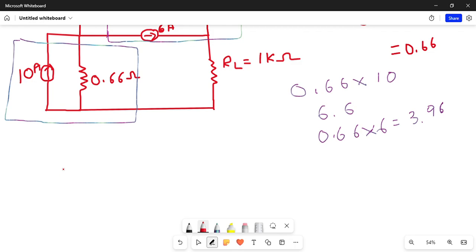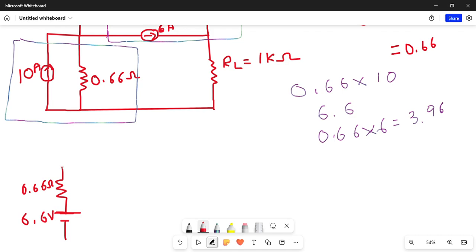So this is your 0.66. I'll just write it faster. So, positive and negative. This one is 6.6 volt, and this is 0.66 ohm.